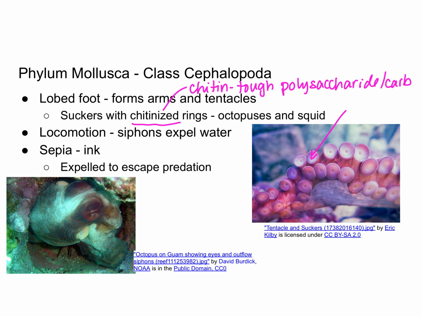This is the same material that's in the cell walls of fungi. It's also in the shells of arthropods, which we'll talk about in a different video. And so this chitin helps to give those suckers a little bit of structure and toughness to them.